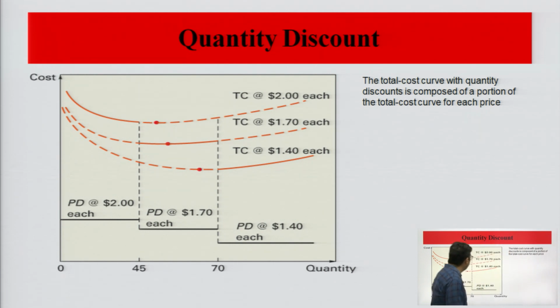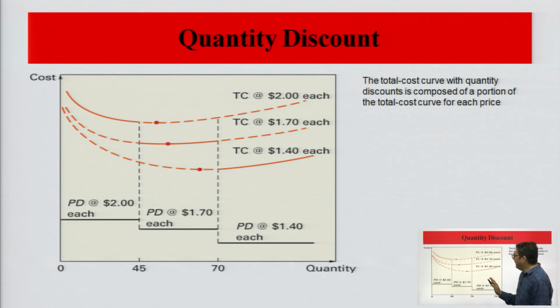This visual just indicates that the total cost curve with quantity discount is composed of a portion of the total cost curve for each price. Here you see the price that consumers are getting, at the rate of $2.